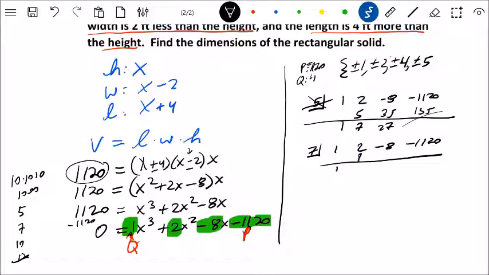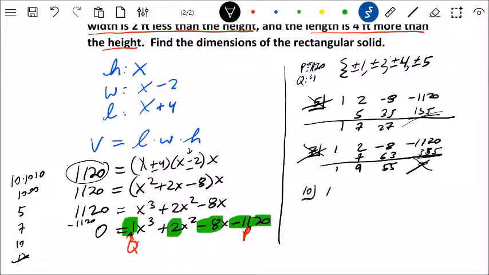So 1, 7, that's 9, that's 63. That gives me a 55, which gives 385. So it's up from the 135, but it looks like I still have a ways to go. It's definitely not 7 because we don't get a 0 there.